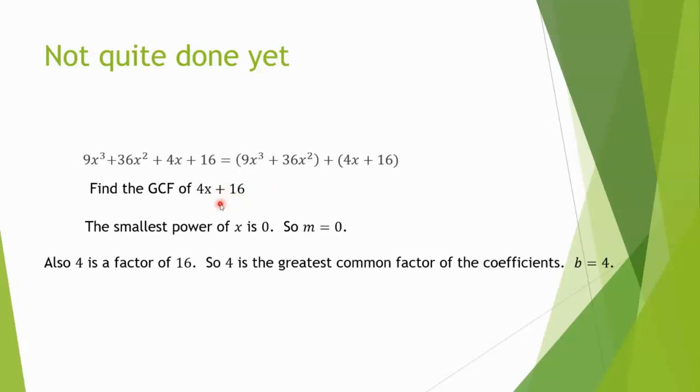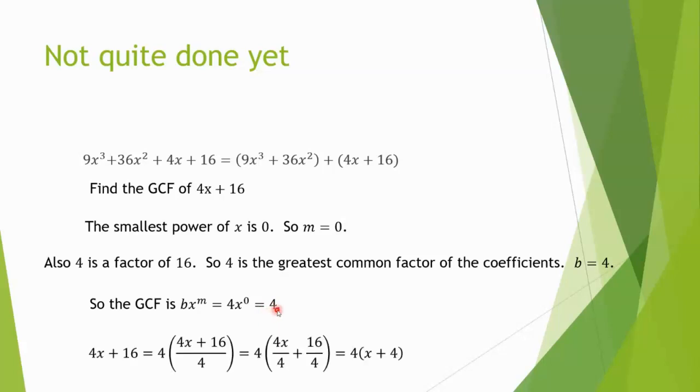Just like with 9 and 36, 4 is a factor of 16, so 4 is the greatest common factor of 4 and 16. So our GCF here is just 4. We factor out 4, and this is how we do that.